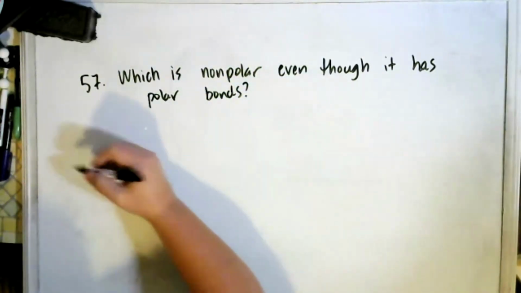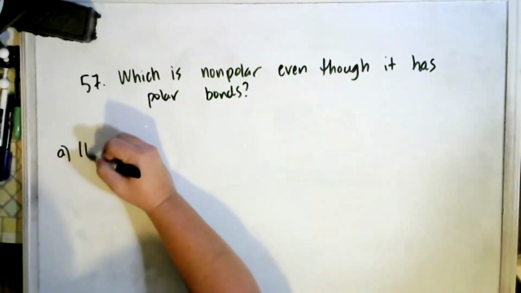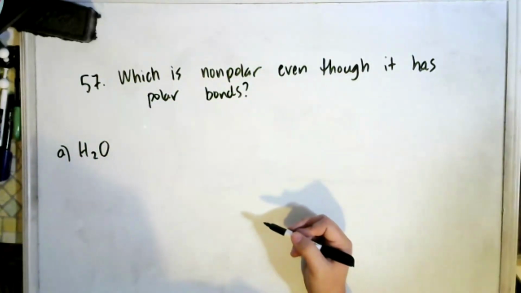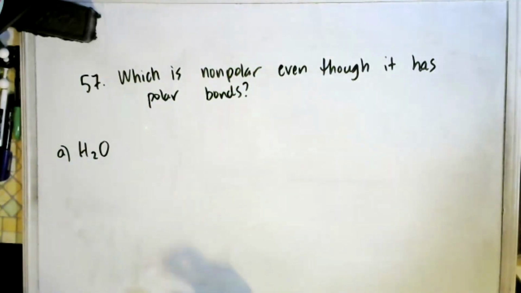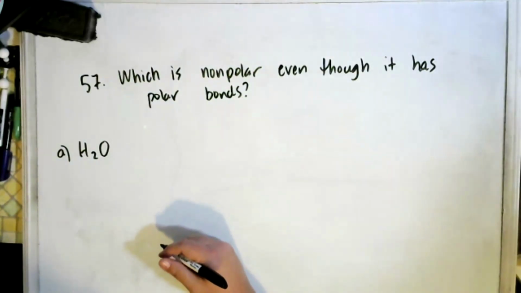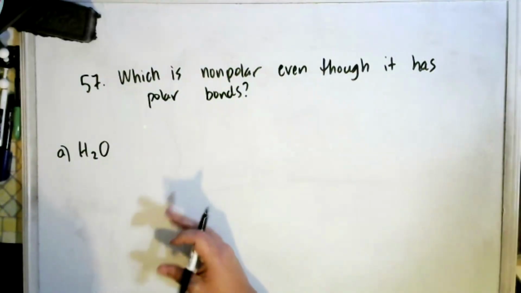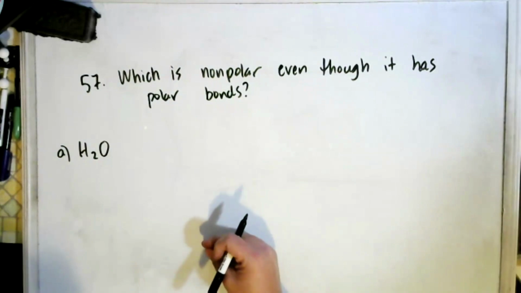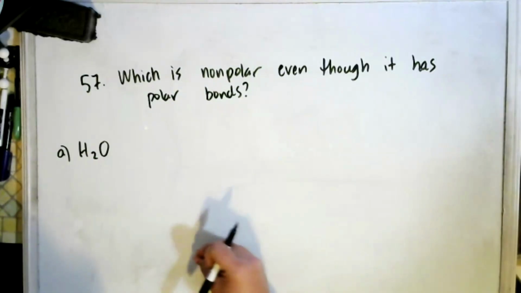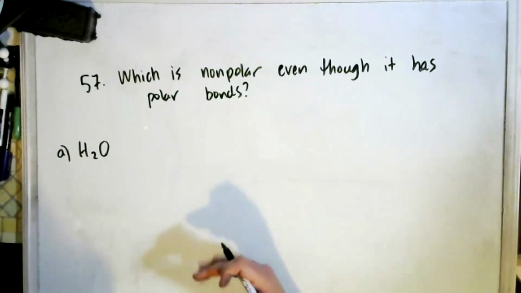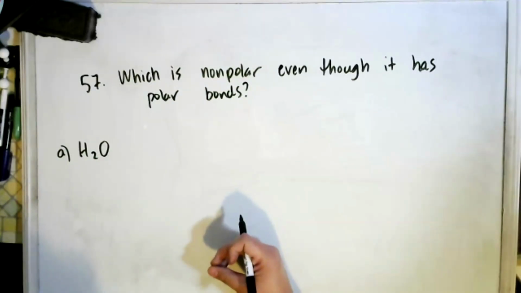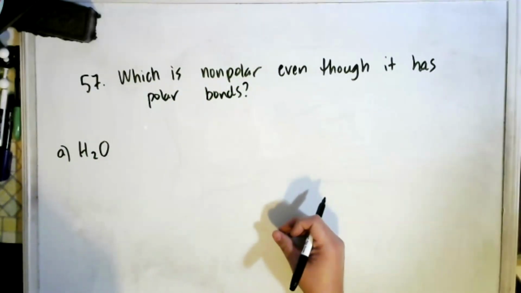For each of these, sketch out your Lewis structure and get a good idea of the number of electron groups and potential lone pairs around your central atom. When you're looking to see if a molecule is polar or not, one thing you want to look at is if that central atom has lone pairs around it.